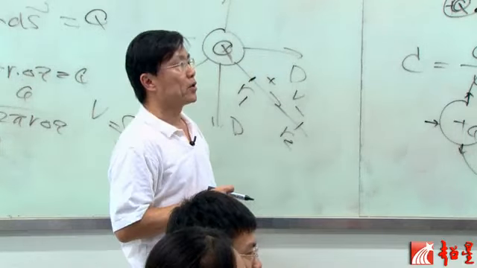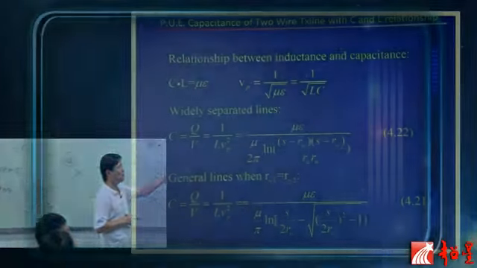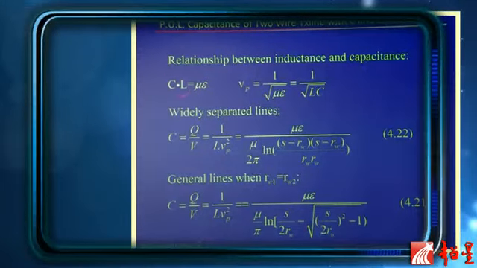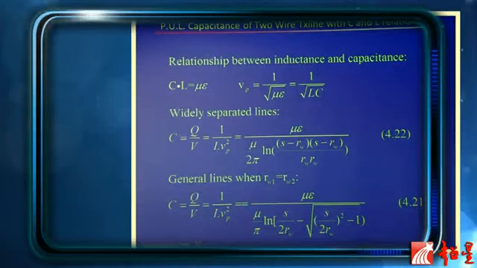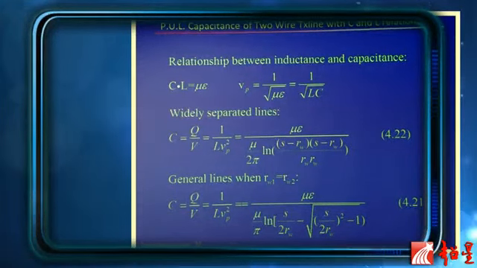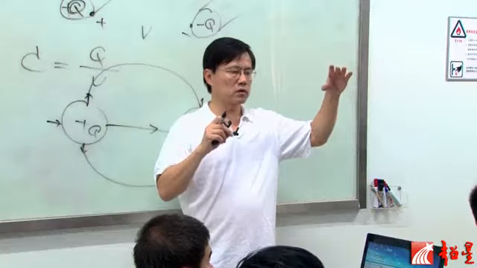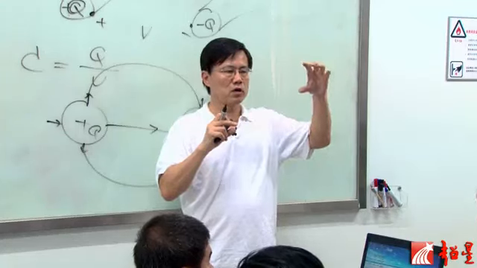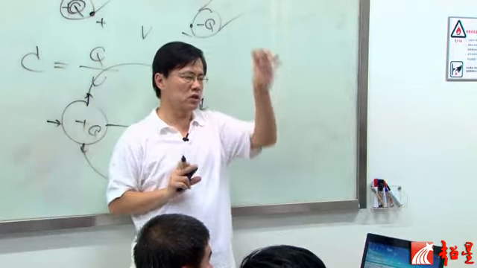Okay, anyway, again, there's some relationship between this capacitance and inductance. The capacitance and inductance do exist, right? Okay, how do we know there's a capacitance and inductance? Remember how we described the wave propagation? You have E field, H field, E field, H field. What is E field?